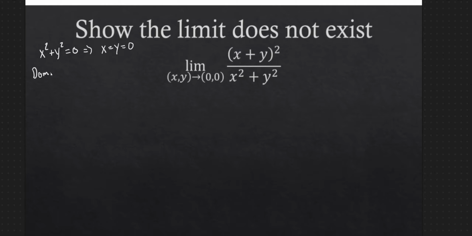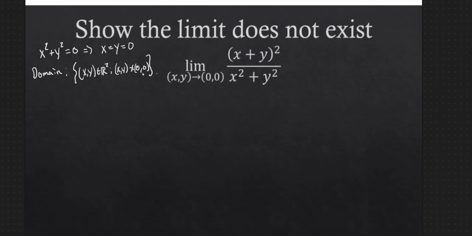And so I just need to remove the point 0, 0 from the plane, and that'll be my domain. So the domain is the set of all points x, y in R2 such that x, y is not equal to 0, 0. That's my domain here.